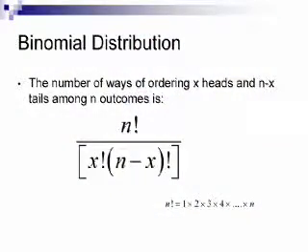What about some other sequence of events rather than x heads in a row? We can calculate the number of ways of ordering x heads and n minus x tails in n outcomes. It is n factorial divided by x factorial times (n minus x) factorial. N factorial is 1 times 2 times 3, etc. We can use the binomial distribution to calculate the probability of a specified event.